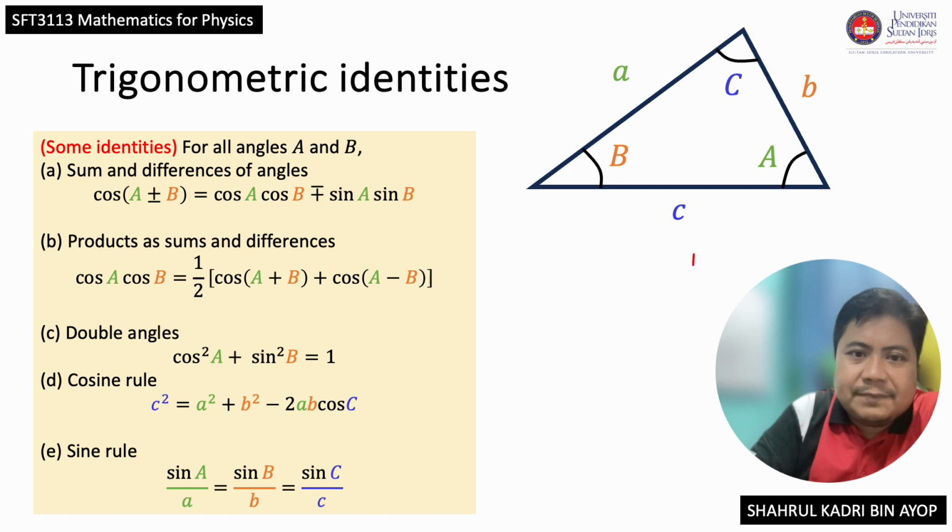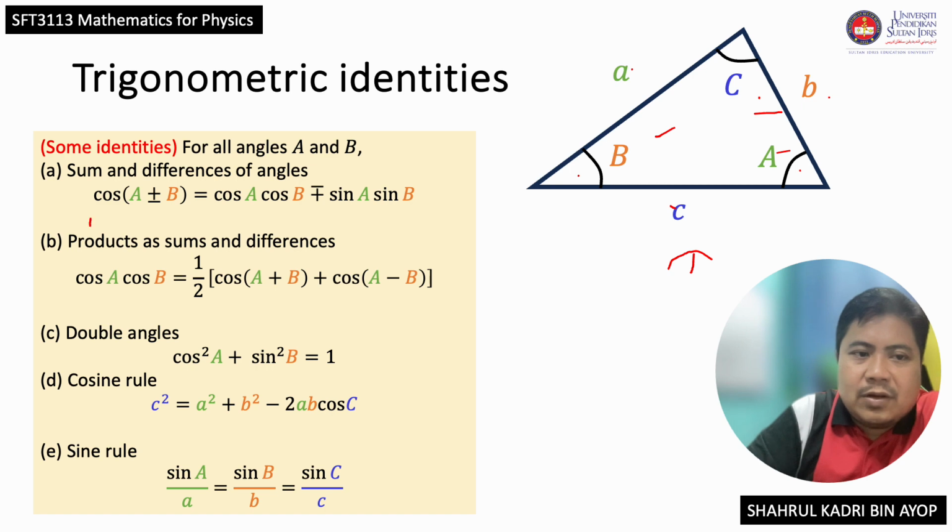So the first one is the sum and difference of angles. For example, we have a triangle here with different internal angles A, B, C, and these are the sides. So side A is this, this is angle A, side C, this is angle C. If you want to, for example, add A and B, you can separate them.